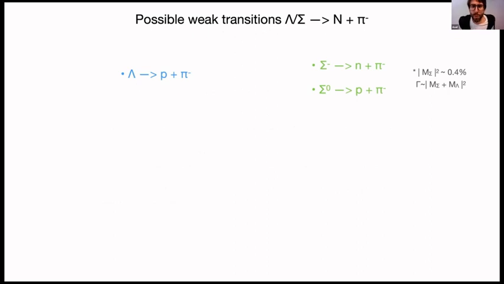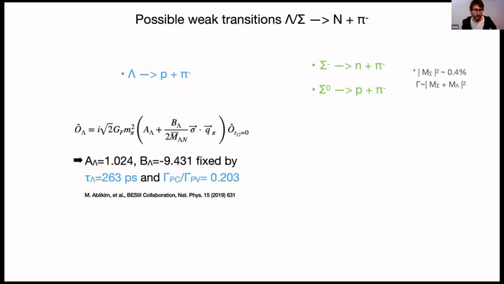The final input in that decay rate formula I want to talk about is the weak operator. We separate it into two amplitudes, or two weak transitions, that from the lambda and that from the sigma. Fabian already mentioned this weak operator. We have the square root of 2 coming from the isospin degree of freedom of the lambda.